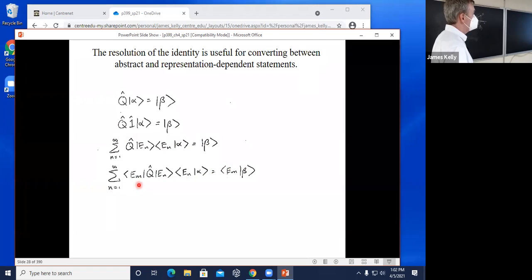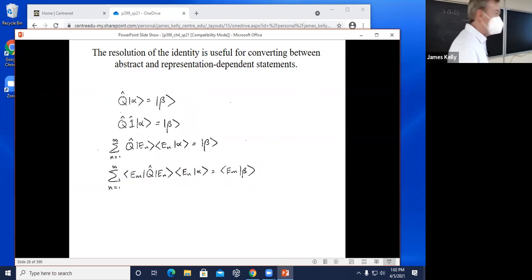When we do that, we can see that in the energy representation, the statement that's equivalent to this one is: when you matrix multiply these matrix elements times this column vector, you get this column vector. That's reminding me, if you've forgotten, either how to compute the matrix elements or why they're directly related to statements like this. So they tell us about matrix elements, they tell us about expansion coefficients, always starting out with the abstract statement.